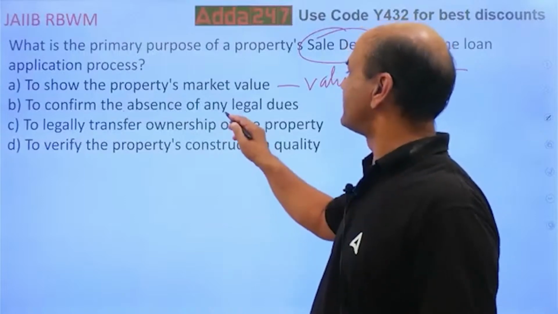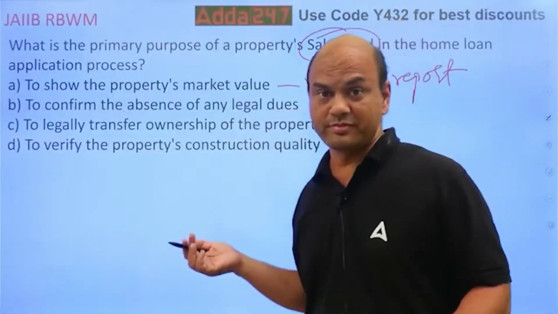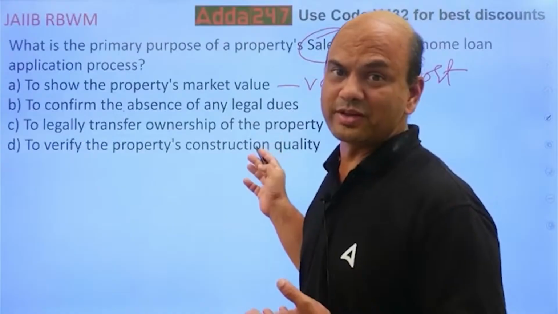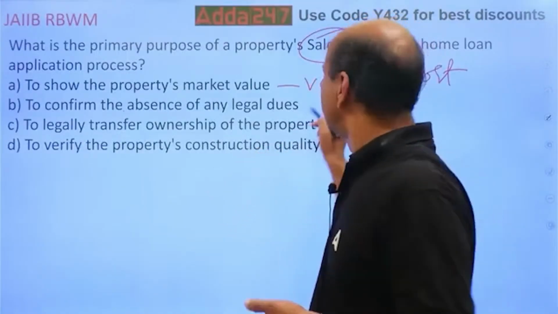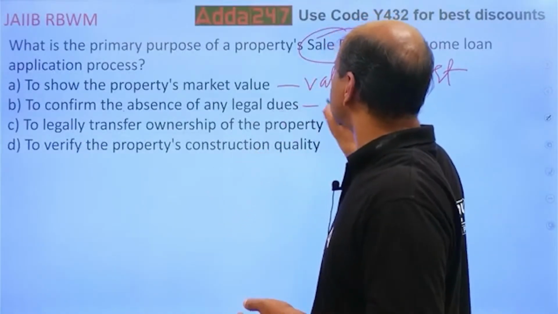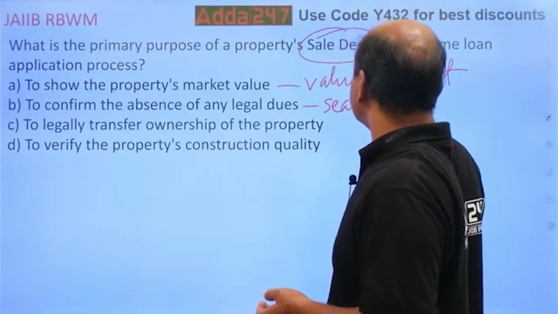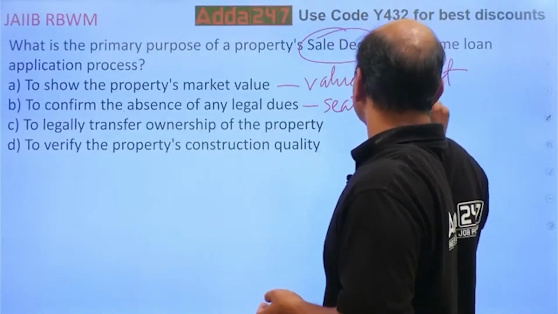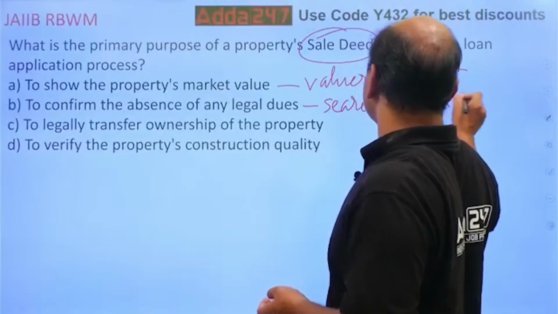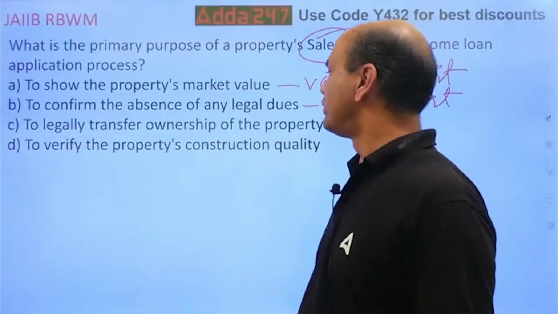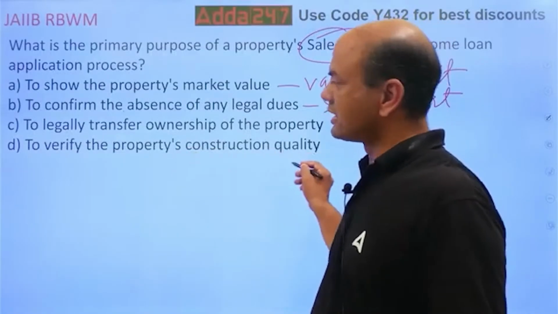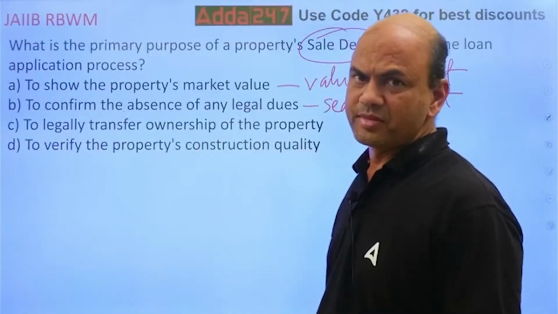To confirm the absence of any legal dues, this also is not there in the agreement. This you get from the search and title report. To verify the property's construction quality, how can you verify?